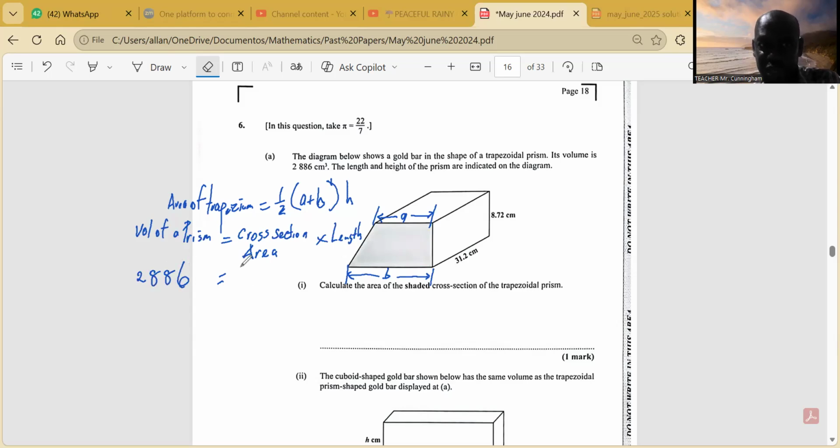2,886 centimeters cubed. Do we know the cross-section area? No. So we're going to call it X. Do we know the length? Yes, 31.2. Can we find the area given that? Yes. Go ahead, people. So that is something you need to remember. Volume of a prism, make sure that you write it down, is equal to the cross-section area multiplied by the length or the height.